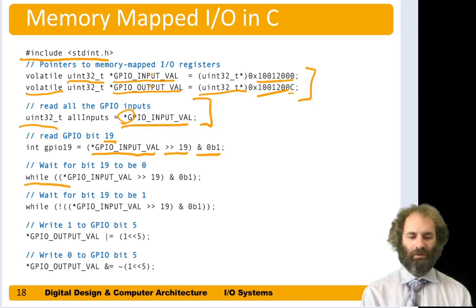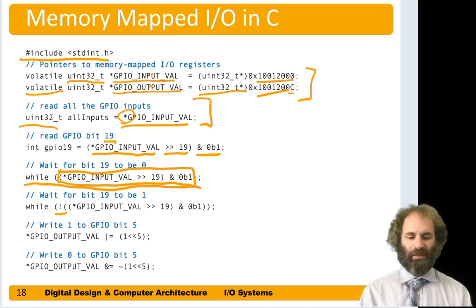We could have a while loop. Inside this while loop, we're looking at the value of the bit. As long as this value is 1, the while loop is true. So we wait until it's no longer 1, and now the bit is 0. Similarly, if we wanted to wait for bit 19 to be 1, we could put a NOT before this. So while the value is 0, we wait. Once it becomes 1, we stop waiting.